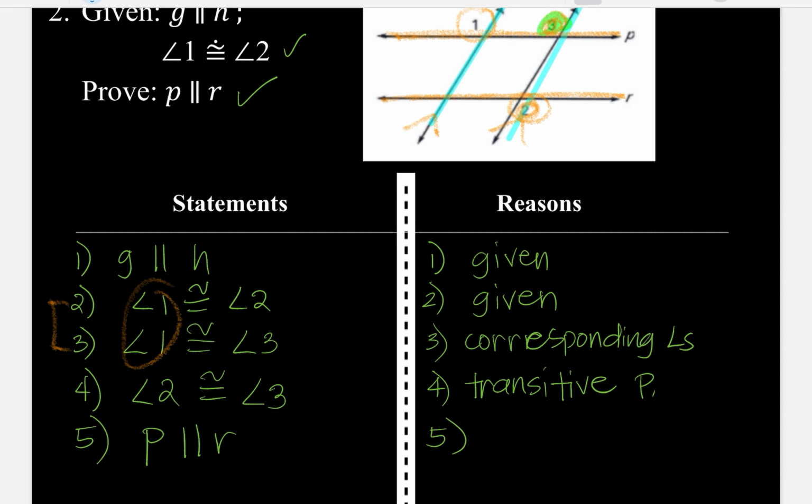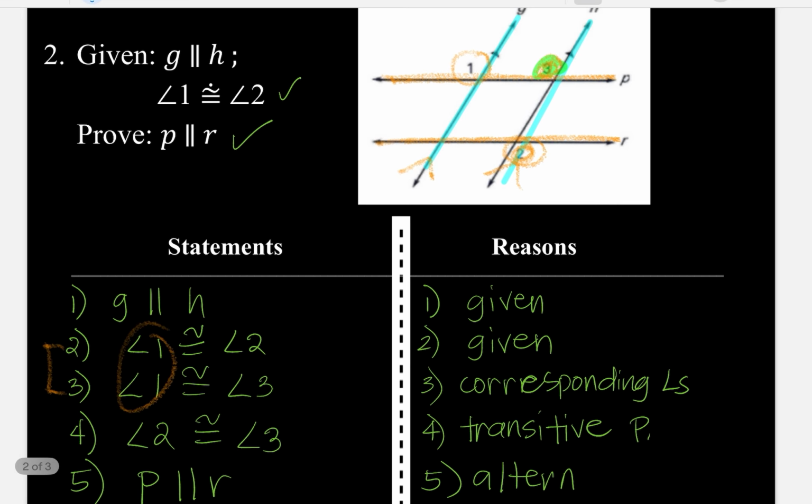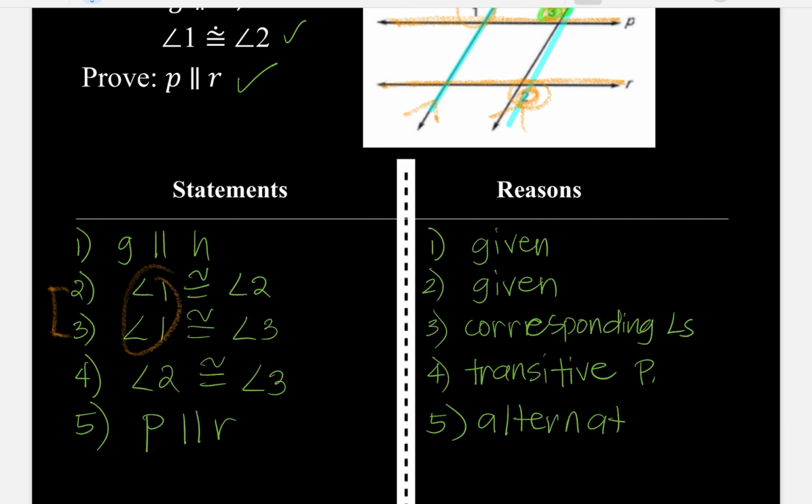Why are they parallel? Because there are two angles that are attached to each of these lines, and that is angle 2 and angle 3. These two angles are considered alternate. They're on opposite sides of line H. So alternate exterior, because they're outside of lines P and R. So alternate exterior angles converse.